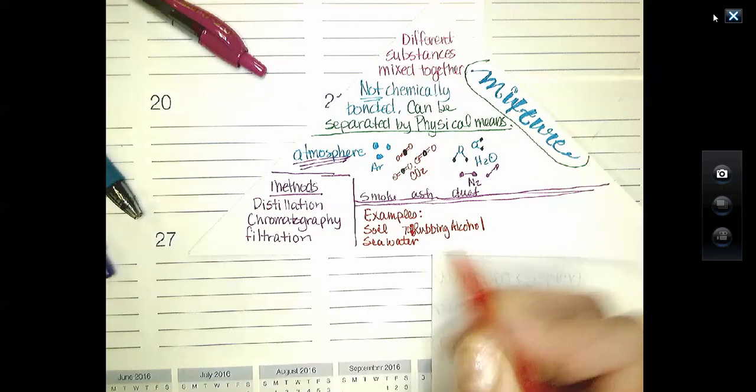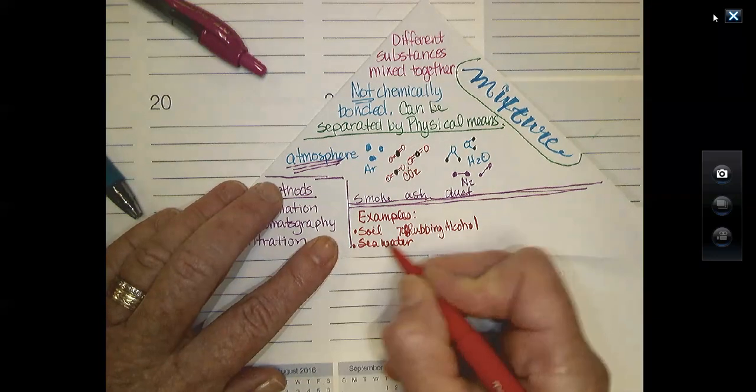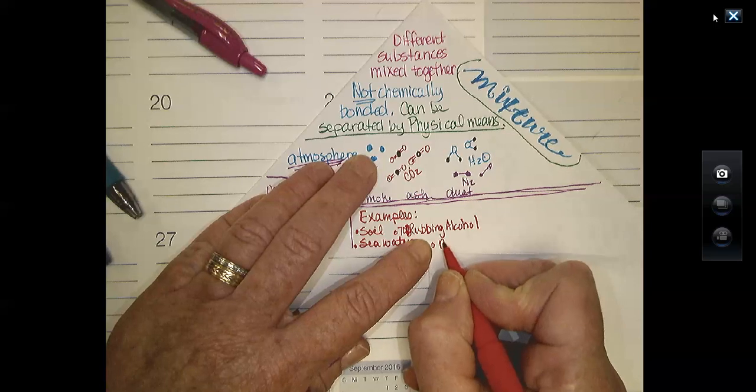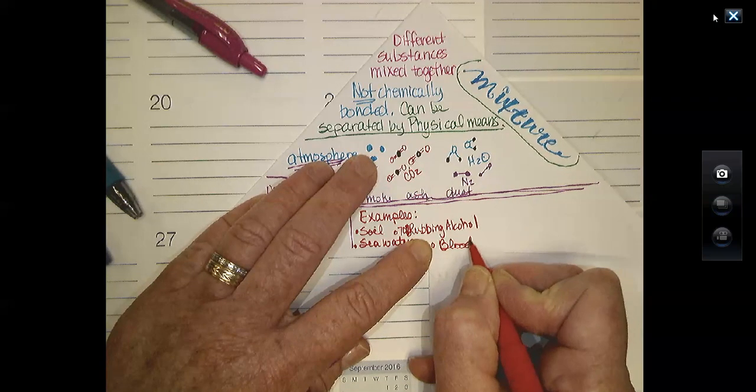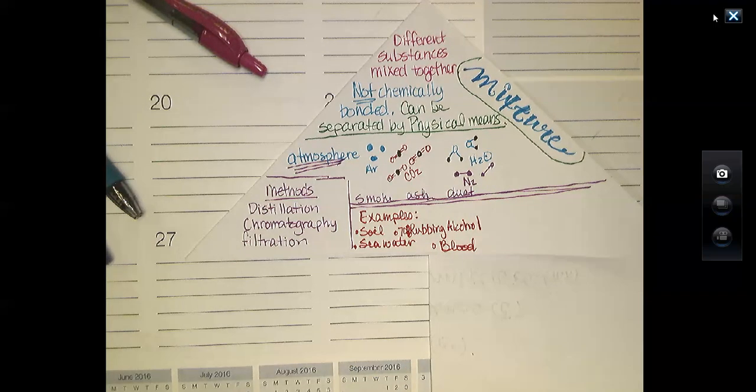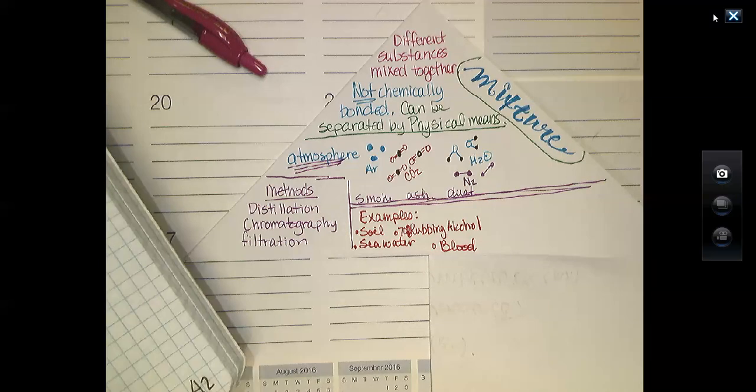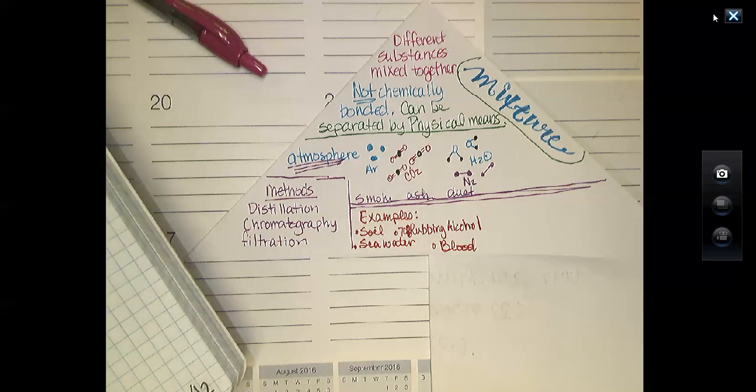We've got the atmosphere, soil, seawater, blood is a mixture. Okay, so then this goes in your lab book on page 42. Page 42 in your lab book.